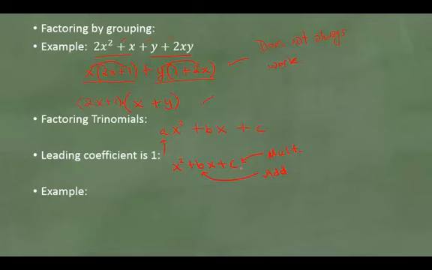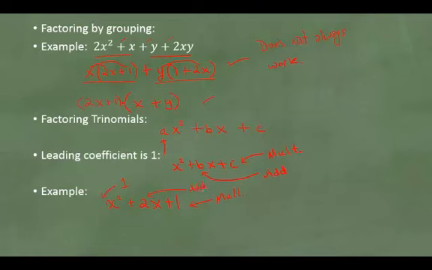So as an example, if we're trying to factor x squared plus, let's see, 2x plus 1, because the leading coefficient is 1, it's an understood 1 there, then all we have to do is find two numbers that multiply to be 1 but add to be 2.